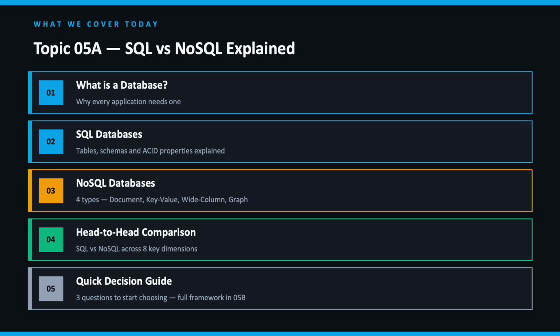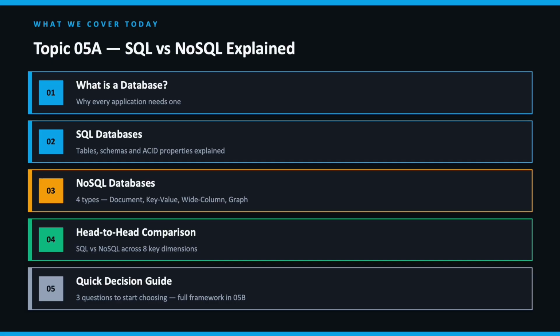Here is what we will cover in this video. First, what is a database? We build intuition before we touch SQL or NoSQL. Second, SQL databases, tables, schemas, ACID properties with a real bank story. Third, NoSQL databases, four completely different types, each built for a different problem.